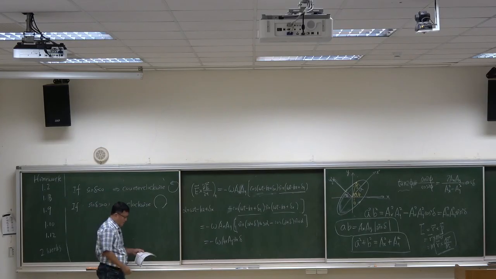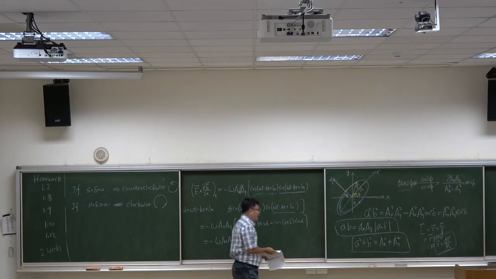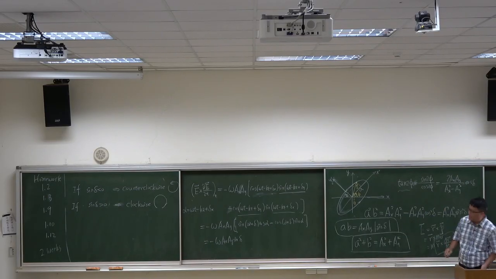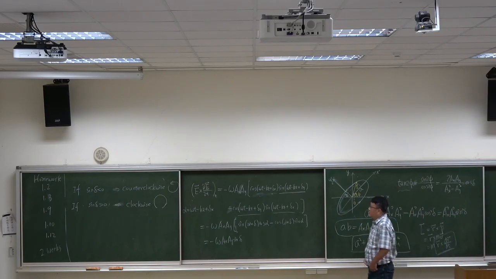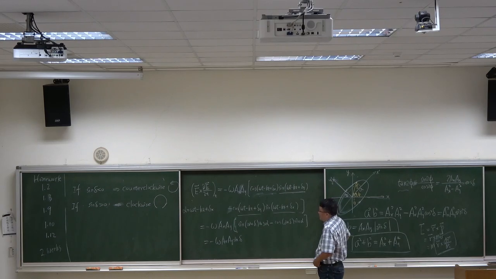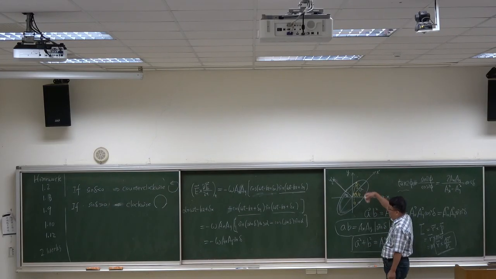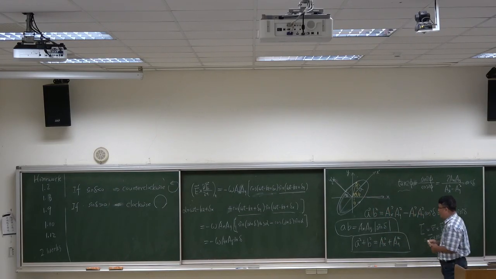Okay. So when sine delta is positive, we have clockwise rotation, and if sine delta is negative, we have counterclockwise rotation. This is the so-called sense of revolution.